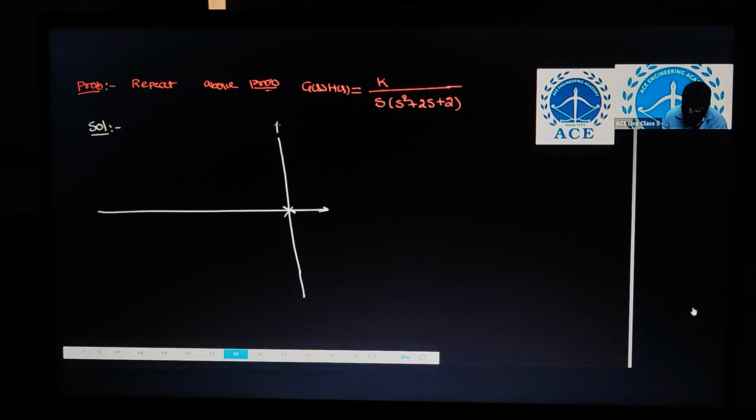Find the break point. Identify the real axis root locus branches.